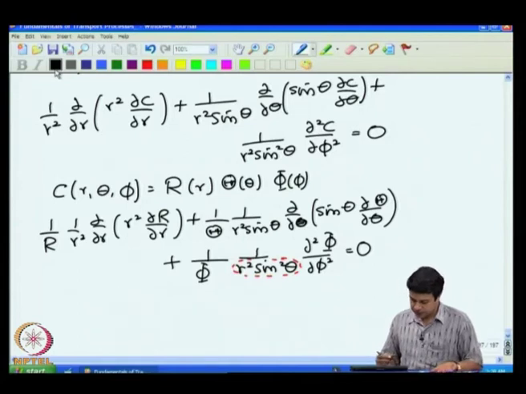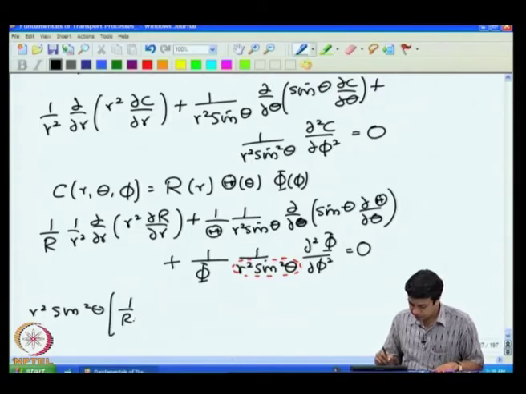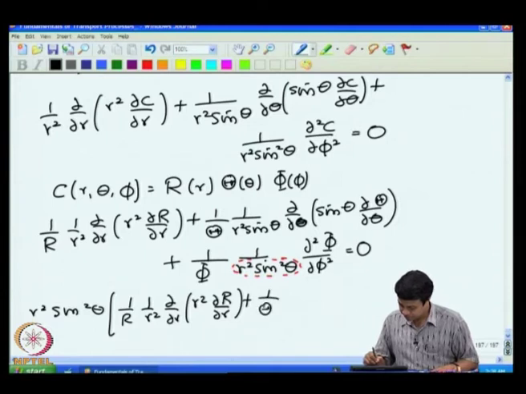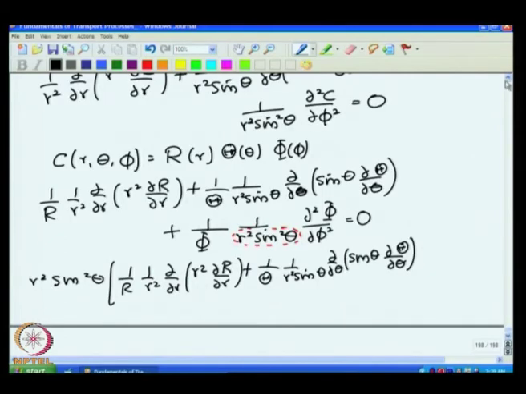Then I will get r square sin square theta times 1 by r square, and so on, is equal to 0. So, that is the final equation that I get.